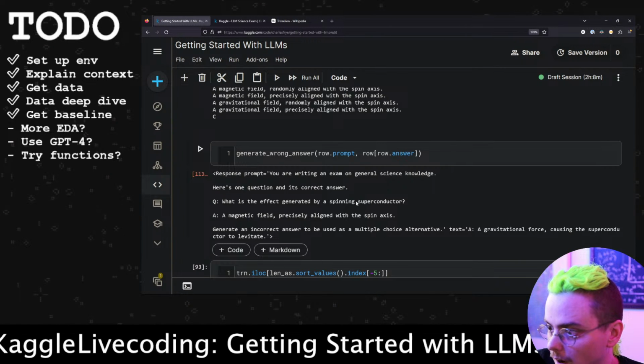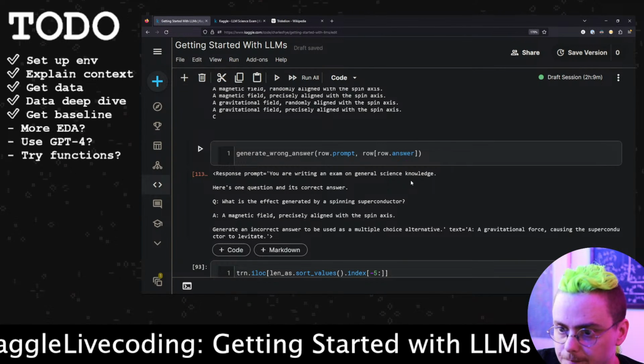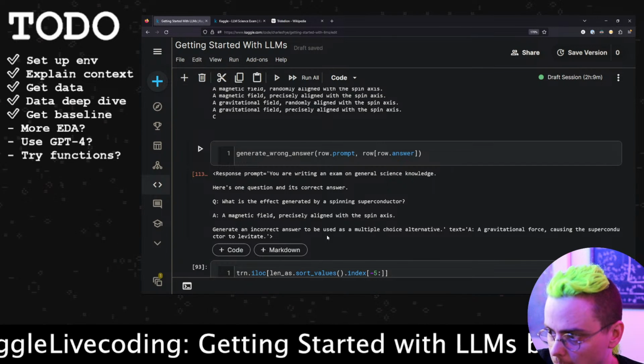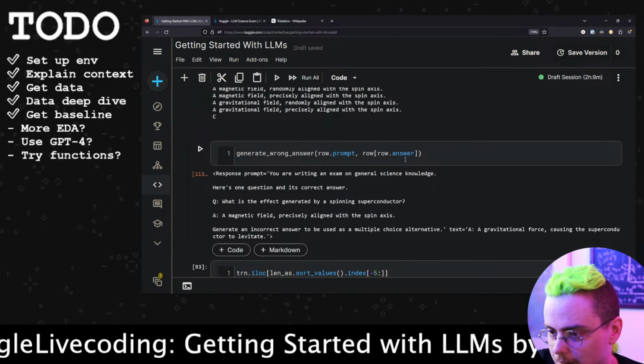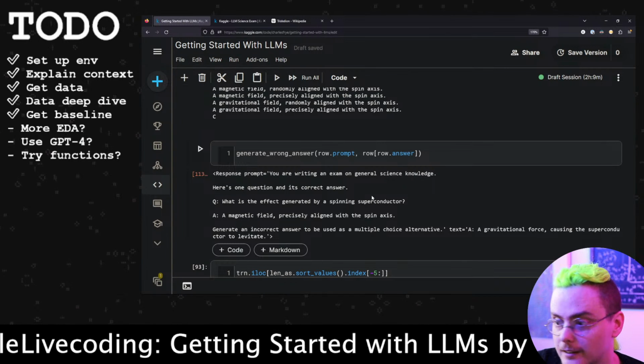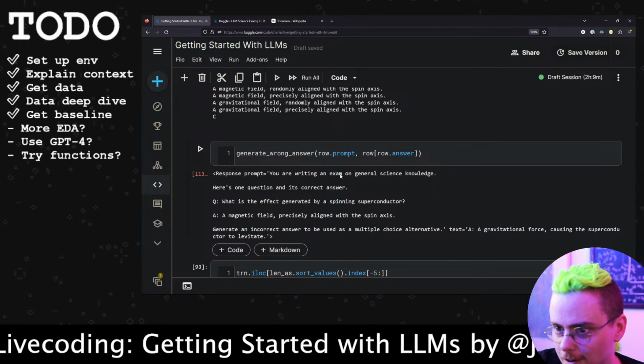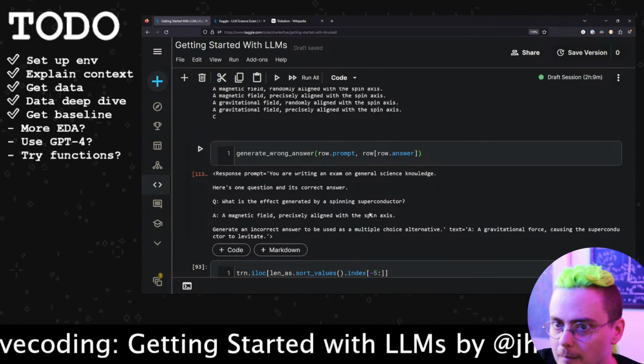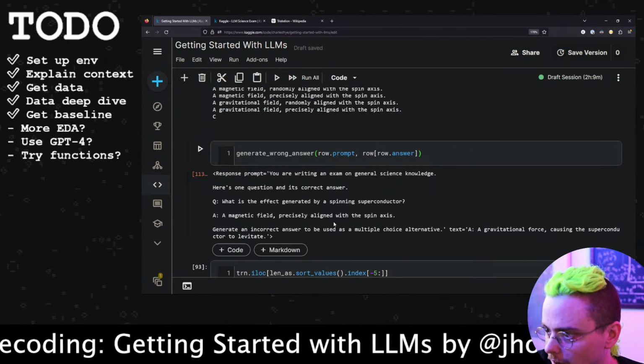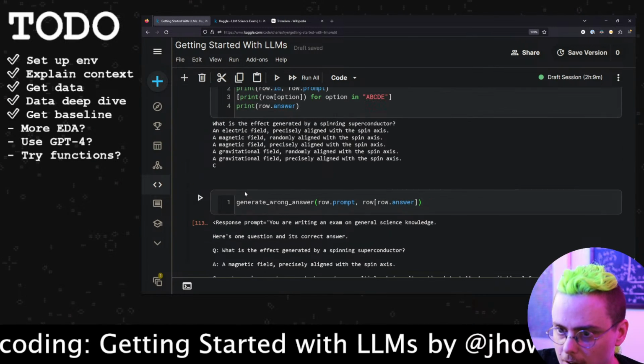Interesting. That's definitely incorrect, because you can't just spin a superconductor and it starts levitating. So yeah, that's another good incorrect answer. All right, so it's not doing so bad.